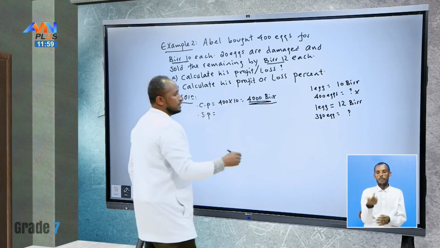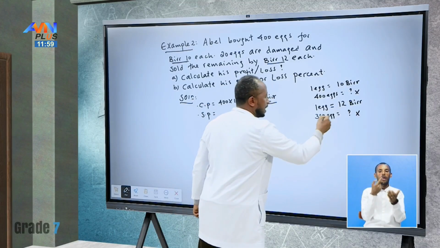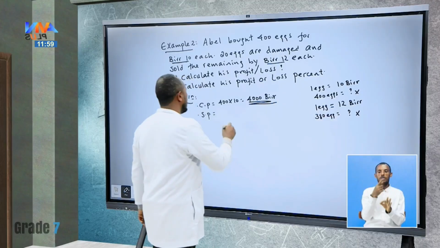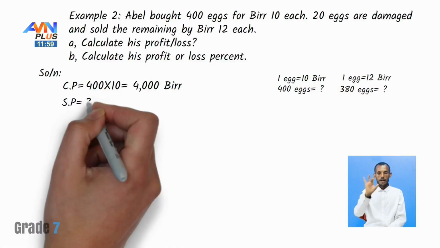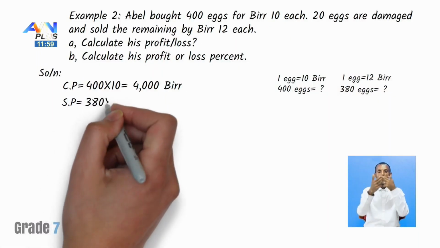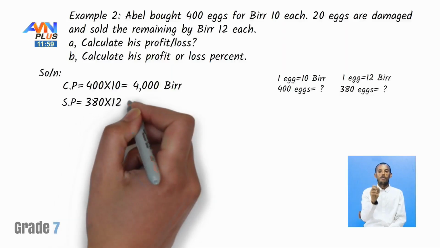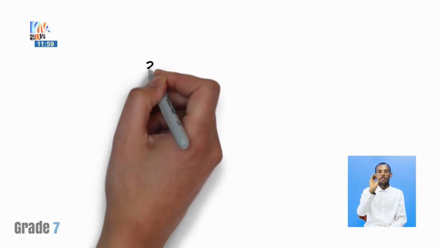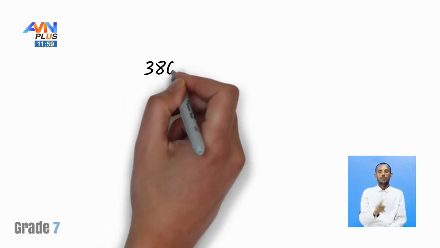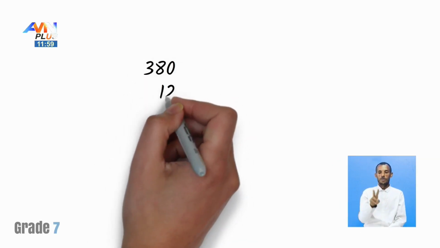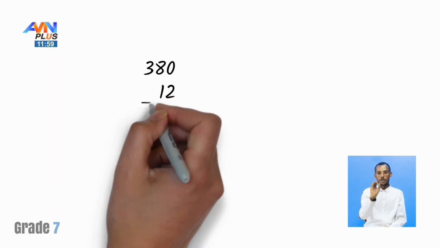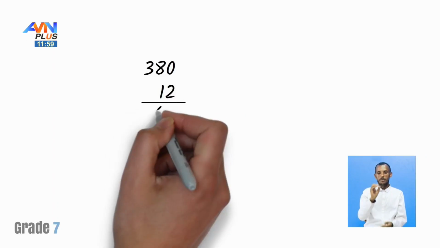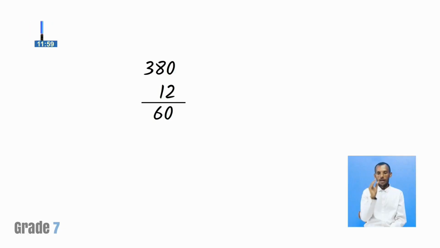You take the product of the two, 380 times 12. Let's multiply it here. 2 times 8 is 16. 2 times 3 is 6 plus 1, 7. 1 times 0, 0. 1 times 8 is 8. 1 times 3 is 3.